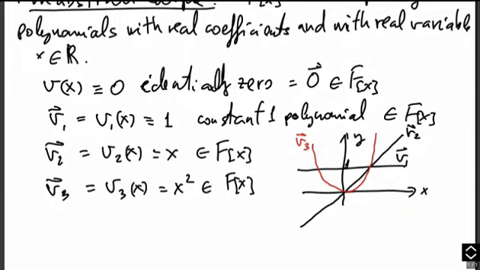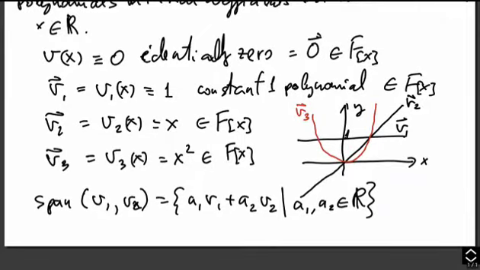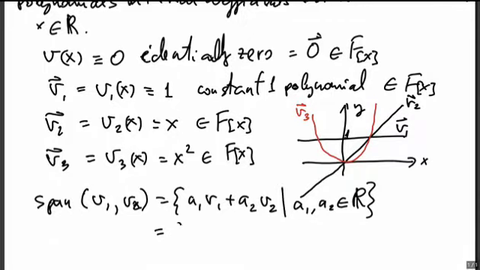And then, for example, we could look at the span of v1 and v2. That means a1 v1 plus a2 v2, the linear combinations, or possible linear combinations, where a1, a2 go through all the real numbers. Writing out how this looks, v1 is 1, so a1 times v1 is just a1.